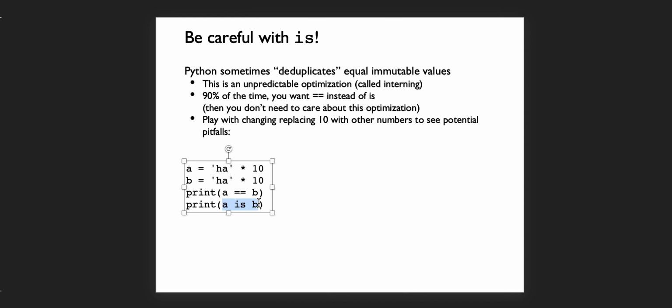You would think that A is B is going to return false, but that's not often true, because for the sake of performance Python might deduplicate both of these and have a single object pointed to by both references, and in this particular case this actually does return true.